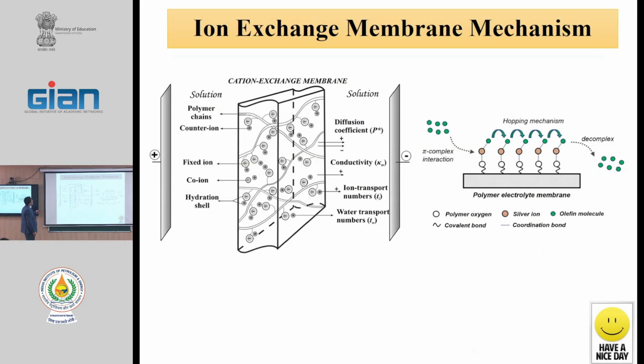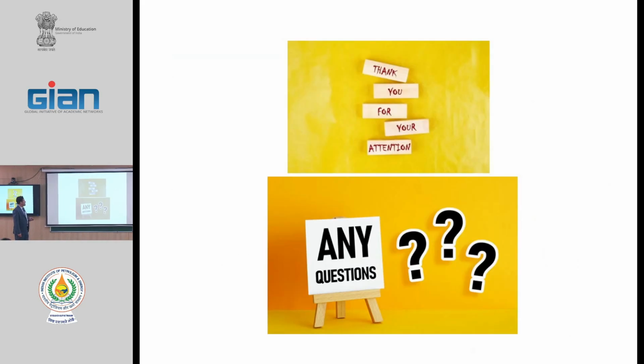The driving force is electrical charge, and the mechanism is the hopping between the functional groups. It hops to this, to this, and goes to the electrode side. Thank you for your attention.